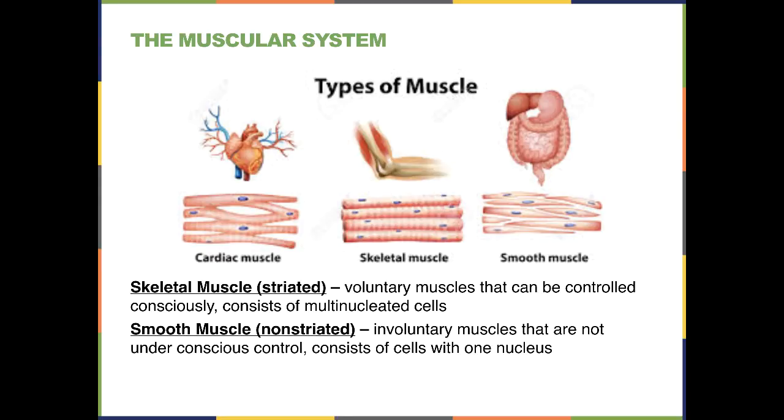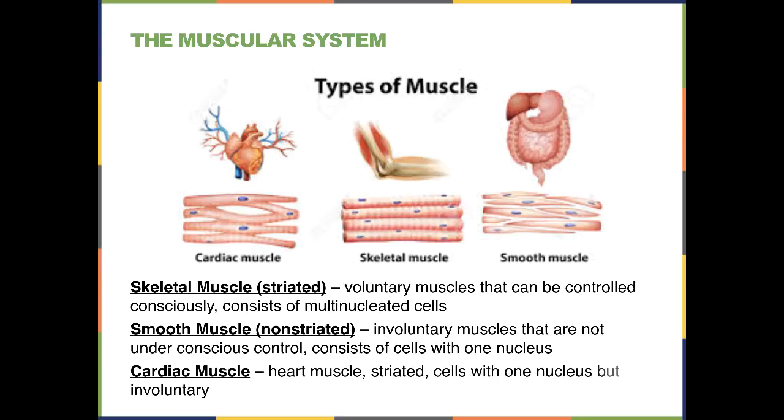The second, shown on the right here, is called a smooth muscle. These do not have the same stripes that are seen in the skeletal muscle and therefore are called non-striated. These are involuntary, meaning they are not under conscious control, and each individual cell has but one nucleus. The third is a specialized involuntary muscle known as the cardiac muscle. It's striated, so it is different from the smooth muscle in that regard.